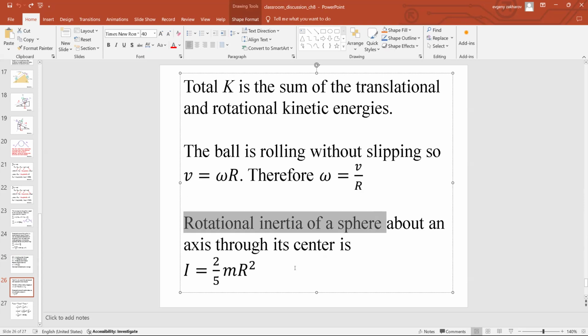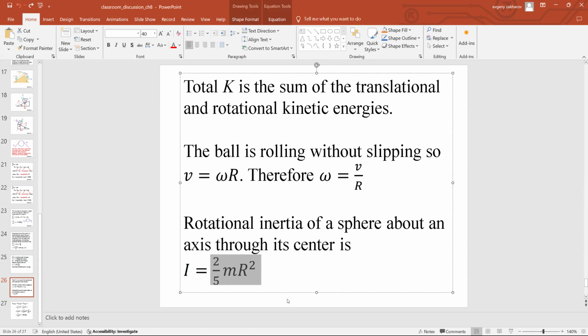And you have to look up the coefficient for the rotational inertia for a sphere in that special magic table that we discussed in lectures. Once again, you don't have to remember all of those coefficients. I will give them to you for the test and the quiz. But for now, just take a look at the table and copy the 2/5 mr squared. That's the rotational inertia.